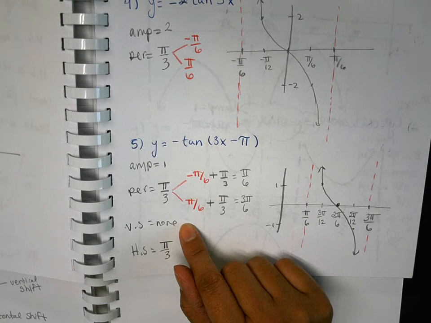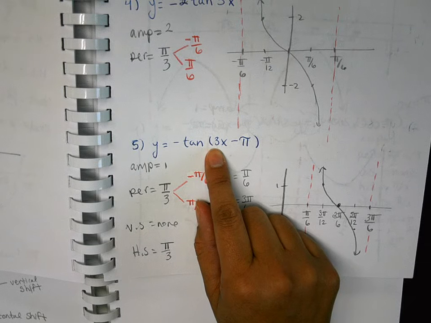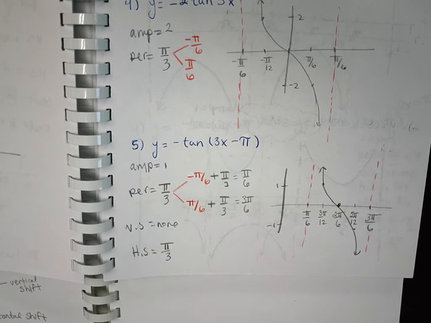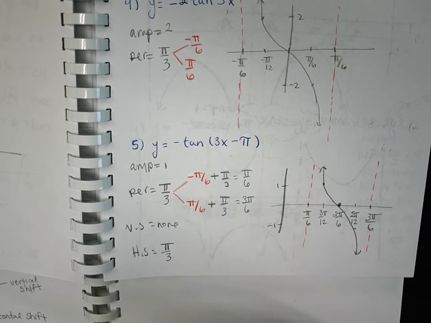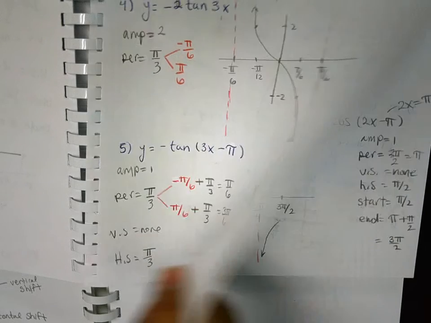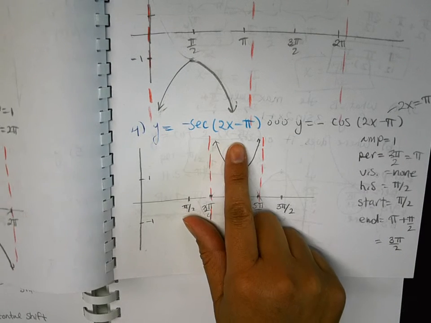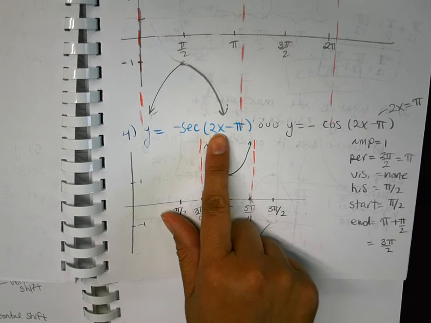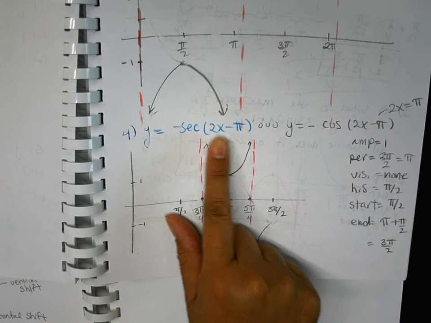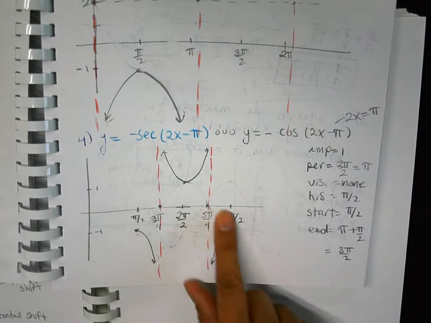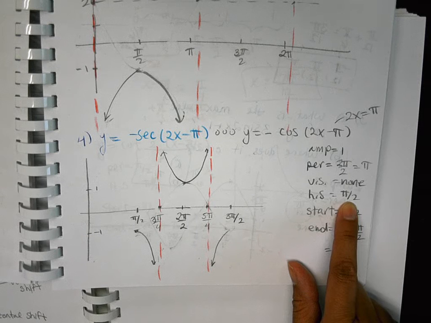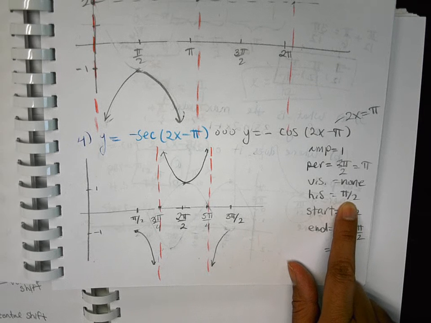Did you guys do any with the coefficients like that? Okay, so that's the only reason I don't say, but it does work. Same concept. X is always the opposite direction, but I do take the time to set it equal to 0. Same thing with this one. Set it equal to 0. Kids will say, oh, it moves right pi. No, it moves right how far? Pi over 2. Got it?